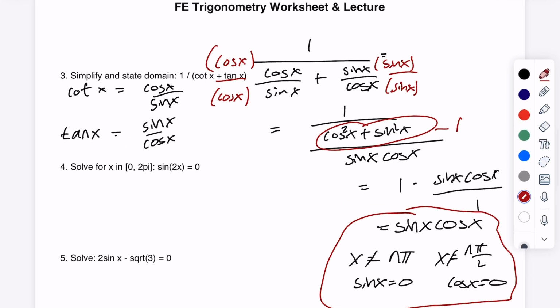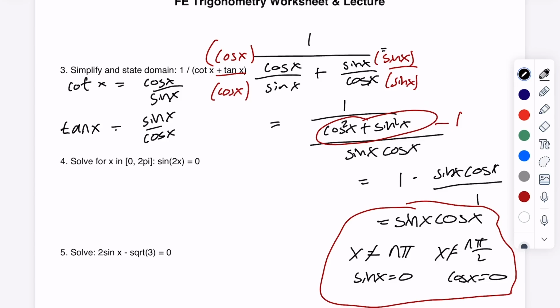Now for the next one, we have solve for x from 0 to 2 pi, sine 2x equals 0. So the way that this is going to look is, where does sine of 2x equal 0?